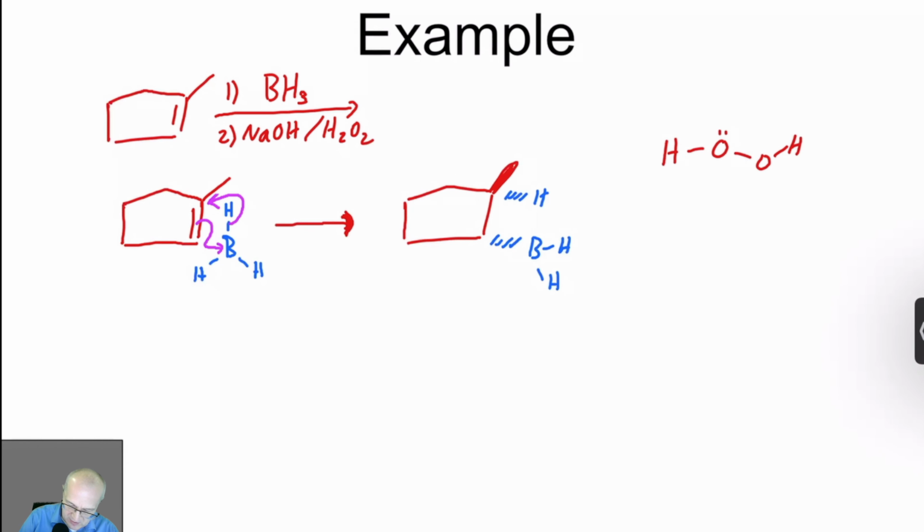So here's my peroxide. Here's the base. Base deprotonates the peroxide. You get the anion, which attacks the boron.